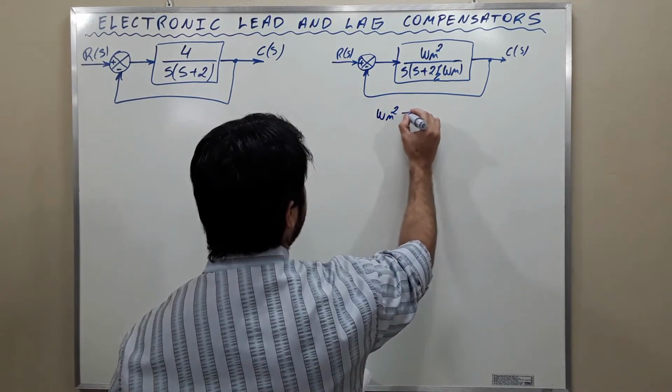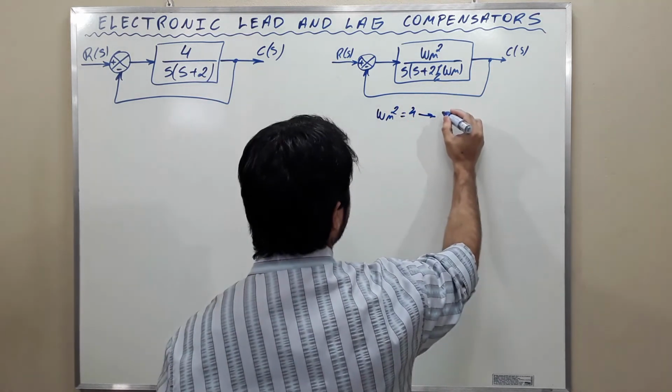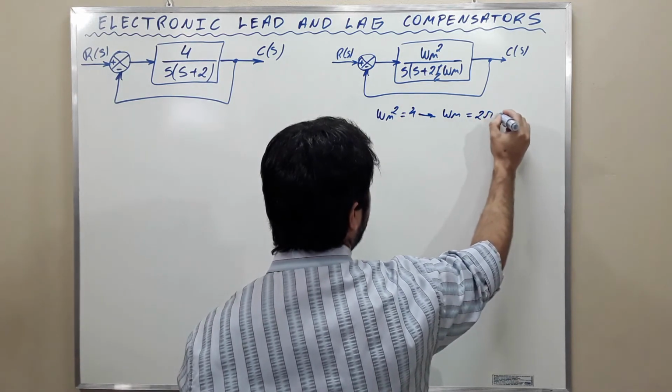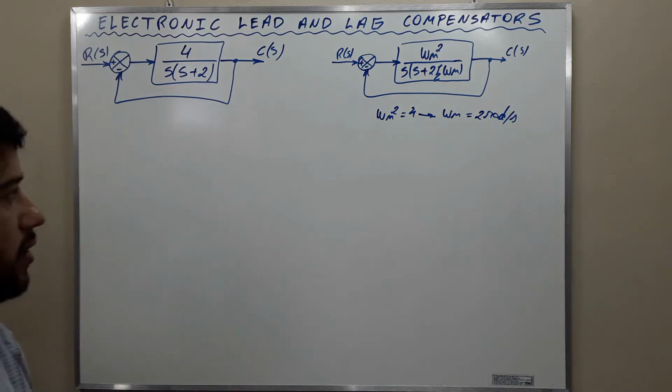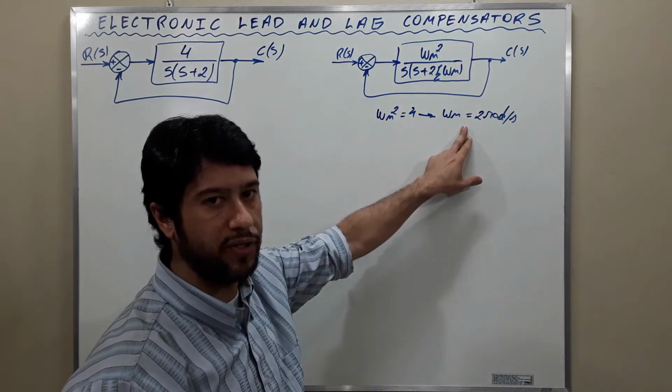Wn squared is equal to 4. Consequently, Wn is 2 radians per second. The uncompensated system has the undamped natural frequency equal to 2 radians per second.